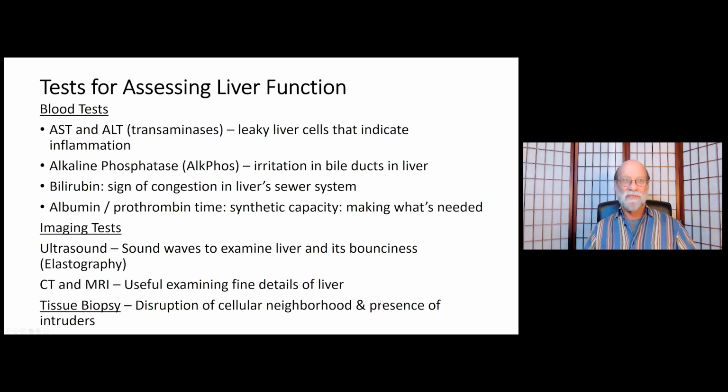Are there cells that usually shouldn't be present in the liver, particularly inflammatory white blood cells, that tell us things about what's going on within the liver? But again, from the viewpoint of a primary care physician, the first two tests that I mentioned up there are by far the most important ones.